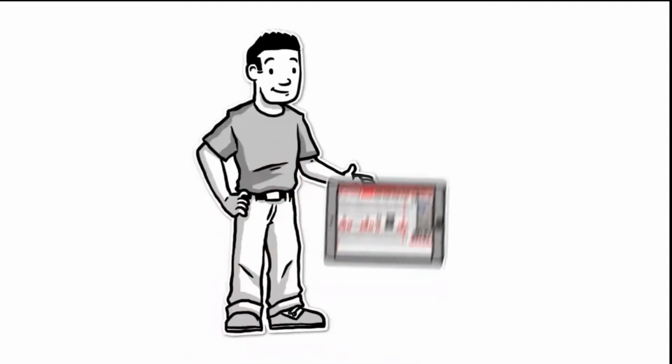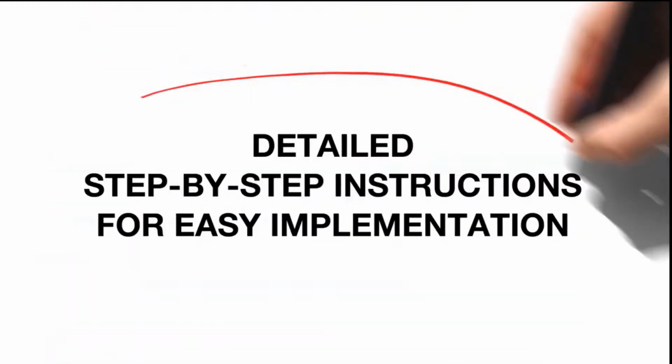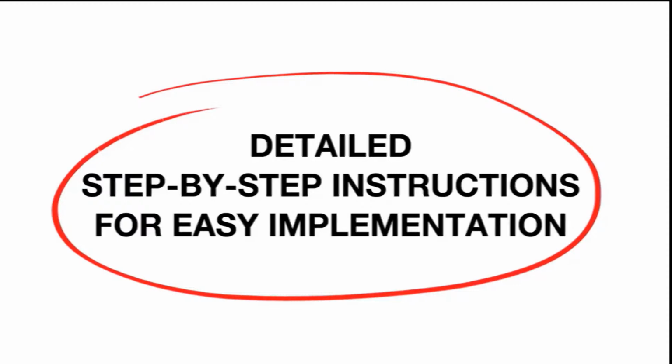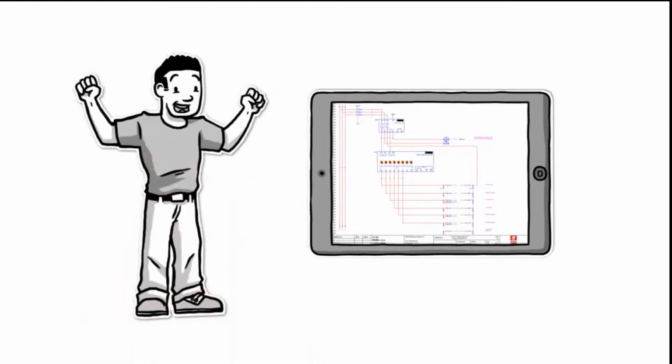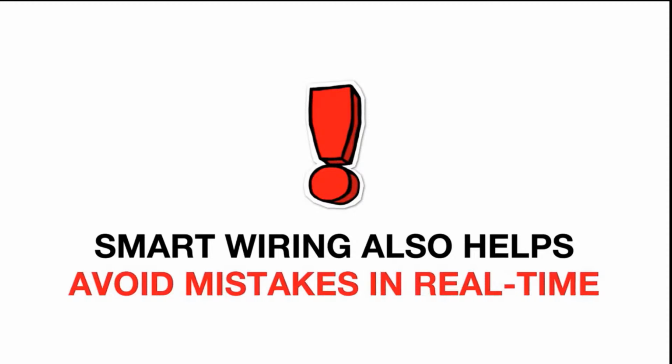What else can smart wiring do? With the help of a smart device, you can access ePlan Smart Wiring and receive detailed step-by-step instructions for easy implementation. Wiring can be completed without schematics or layouts, and connections can be recorded using the traffic light principle. In addition to creating a transparent guideline, smart wiring also helps avoid mistakes in real time.